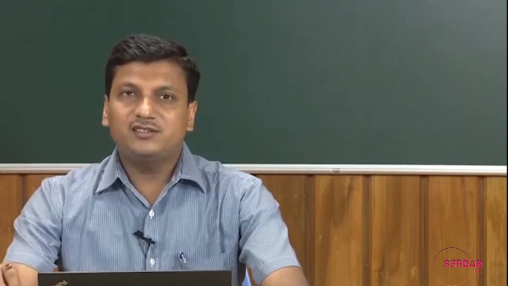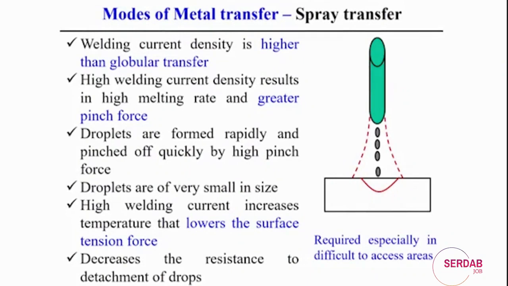So, in this case what happens? The high welding current density results in a high rate of melting, and at the same time a greater amount of pinch force acts in this type of metal transfer. So, droplets are formed very rapidly, and the frequency of transfer of the droplets is normally higher in this type of metal transfer, but it is mainly characterized by the high current density.